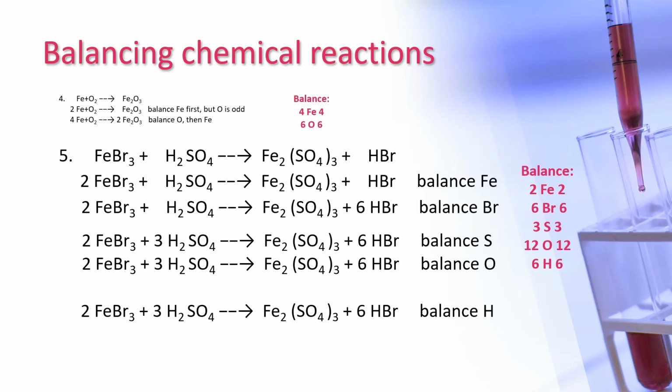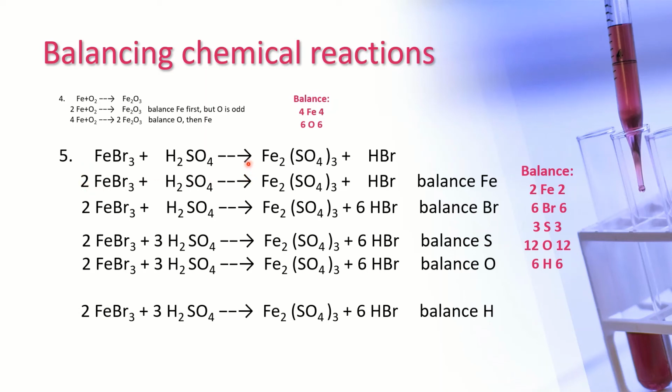The fifth chemical reaction is the reaction of ferric bromide plus sulfuric acid to produce ferric sulfate plus hydrogen bromide. In this chemical reaction, you need to balance 5 elements. Remember that you have to balance metals first, followed by non-metals, then oxygen or hydrogen last.